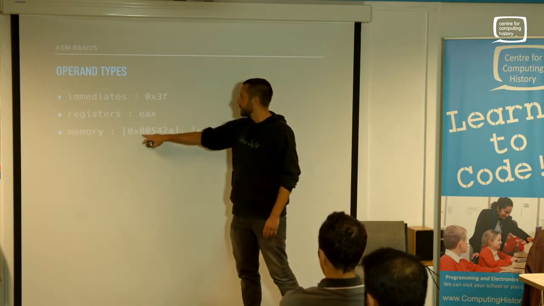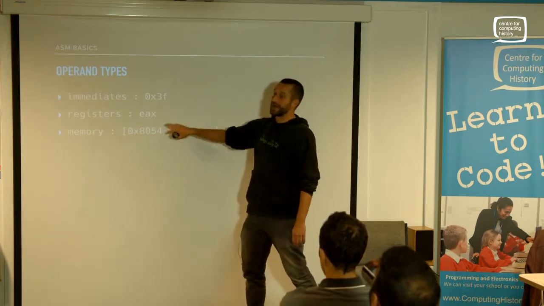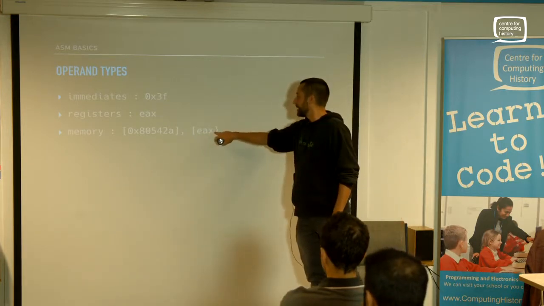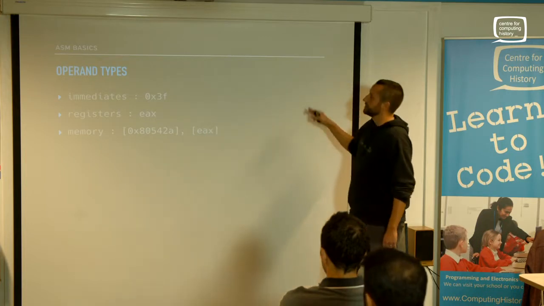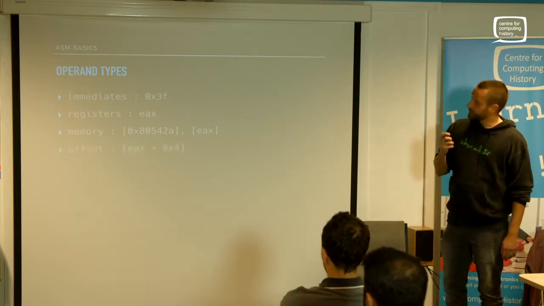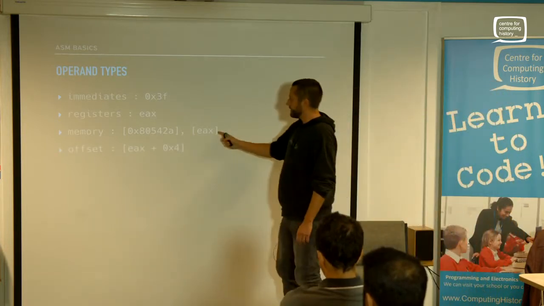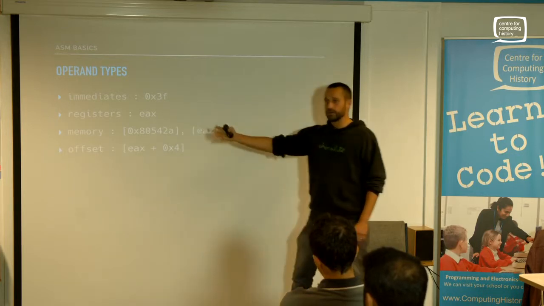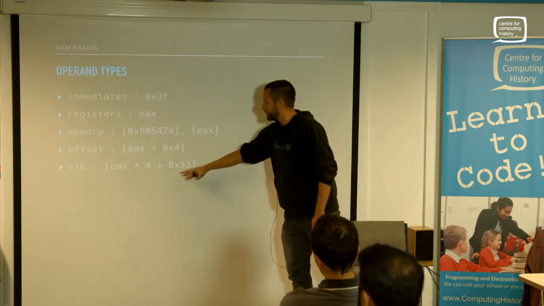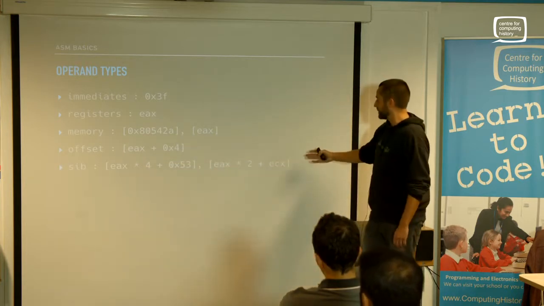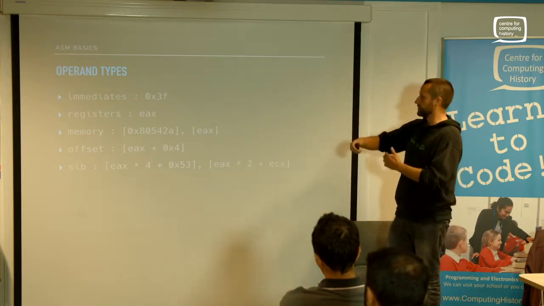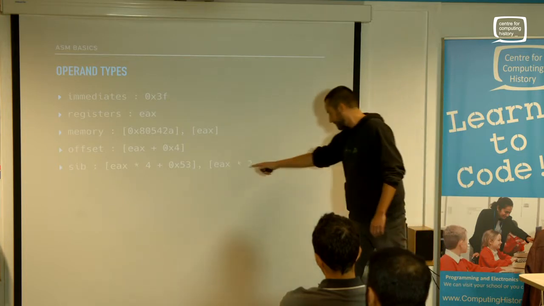If you look at this pointer in your memory, the value at that address will get operated on, and the same with the value at EAX, which will resolve to an address that will then be the operand. And there's also offset types, so we can do the same with the memory and then basically offset by 4 bytes. And SIB addressing, which is again an offset, but we do multiplication and addition, so you can use the register values to create this kind of offset into the memory structure at that address.